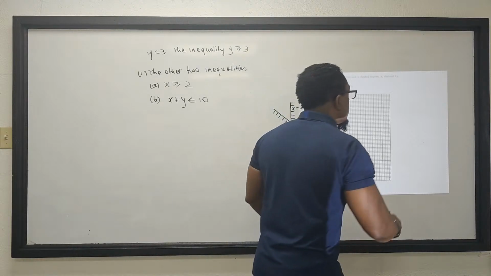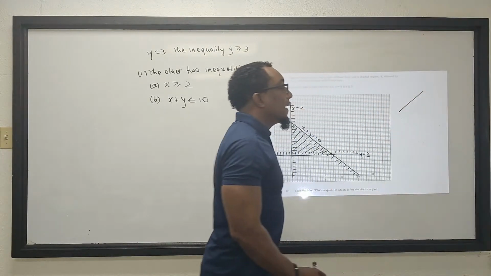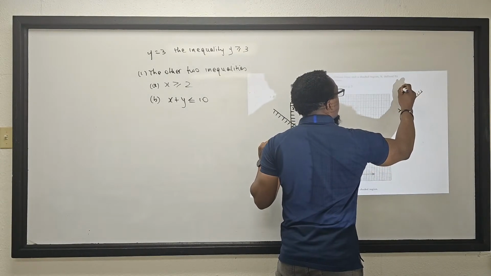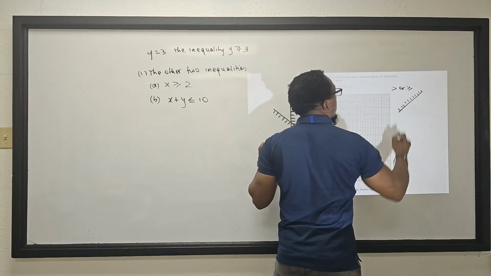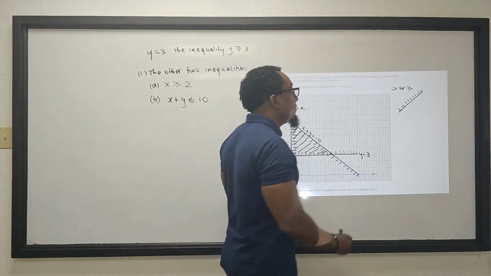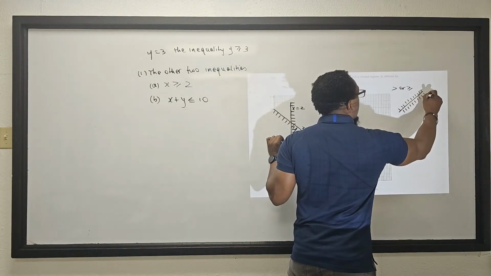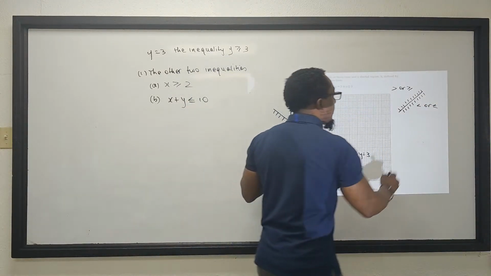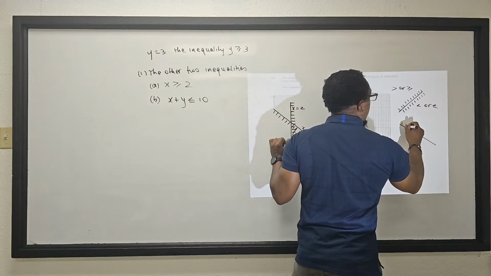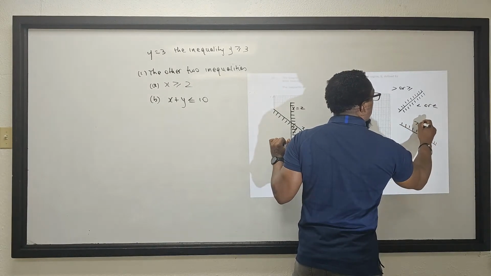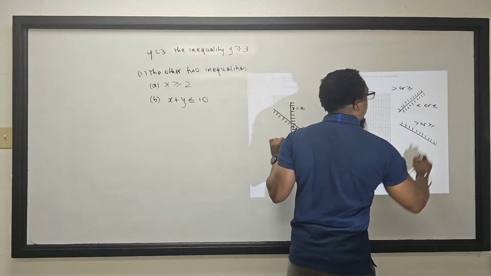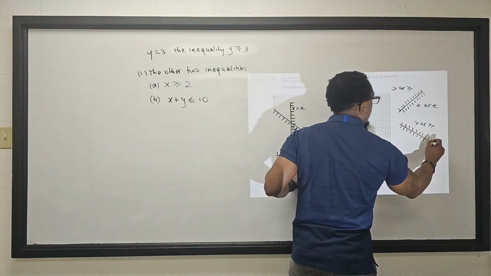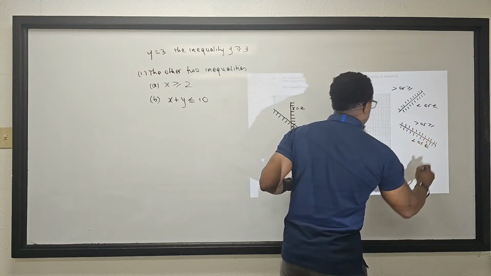So let's quickly state here, if I have a line sloping that way, if I shade above, it means greater than or equal to. If I shade below, it means less than or equal to. If I have a line sloping this way, shading above means greater than or greater than or equal to, shaded below means less than or equal to.